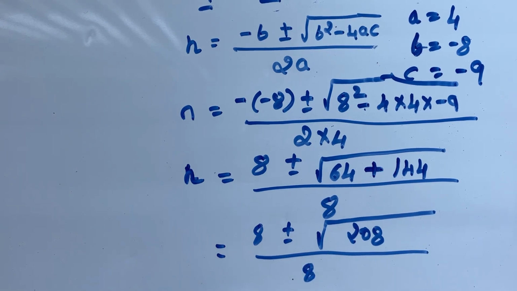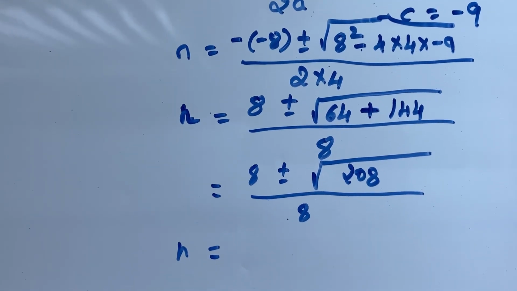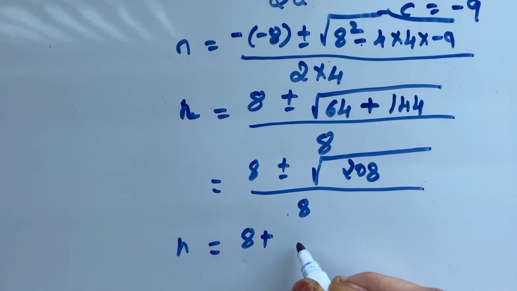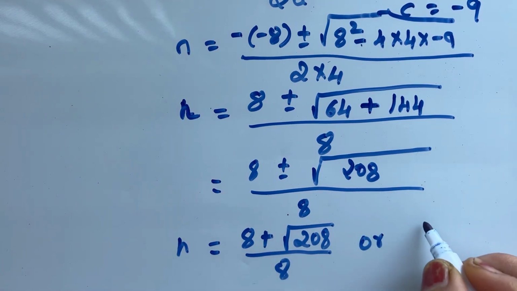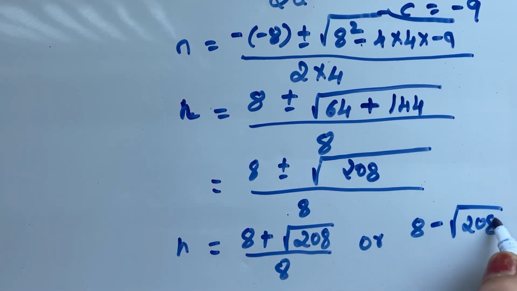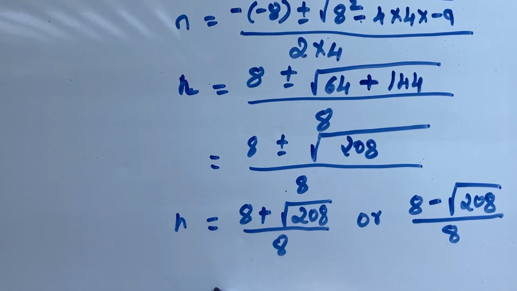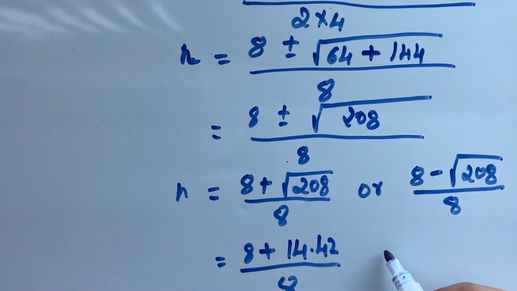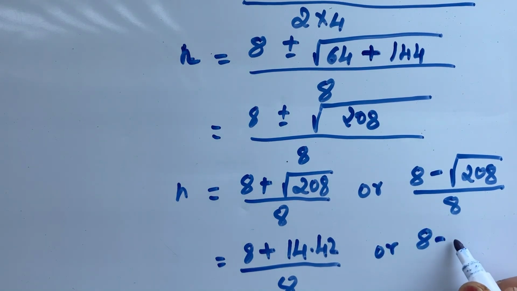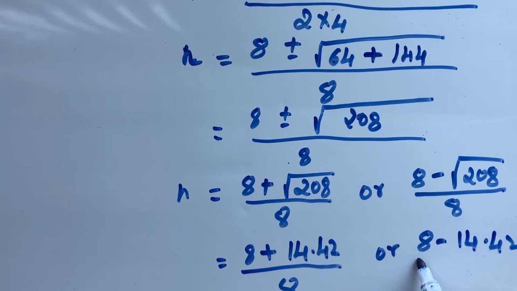Split plus or minus here, so our n is 8 plus square root of 208 divided by 8, or 8 minus square root of 208 divided by 8, which is equal to 8 plus square root of 208, which is 14.42, divided by 8, or 8 minus 14.42 divided by 8.